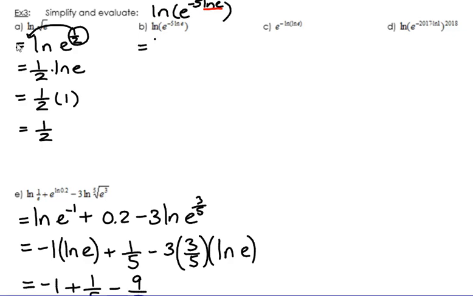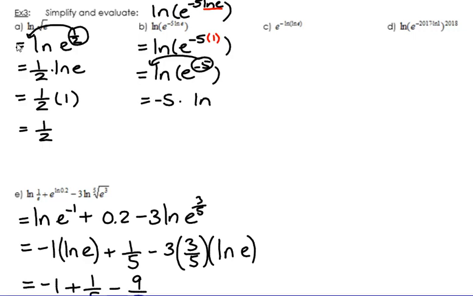So it equals ln e to the negative 5 times 1, which is ln e to the negative 5. And we can bring that negative 5 down and multiply by ln e, which is again just going to be 1. So your answer is negative 5.